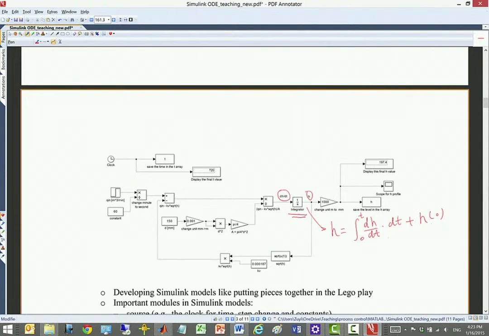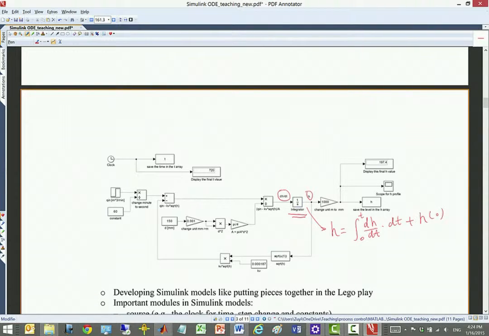So initial value plus the integration of the derivative over time. This is how this module works. You need to set up the initial value in this integrator module by double clicking it. I'll show you later.